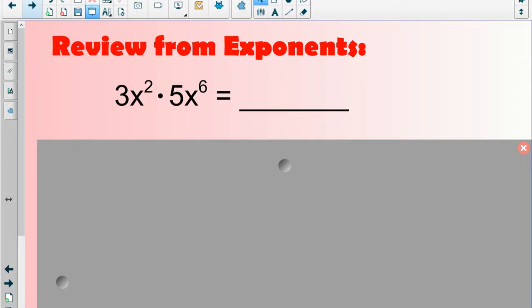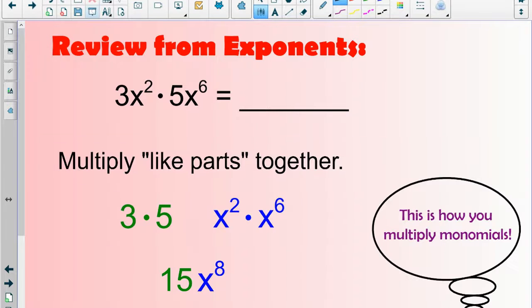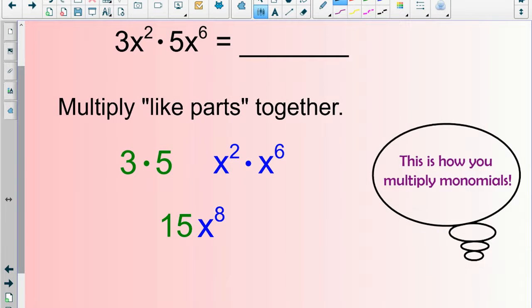So first thing we have to do is review from our exponents unit that when we want to multiply two monomials together like this, 3x squared is a monomial times 5x to the 6th, which is another monomial, it's really just a matter of multiplying like parts. Since it's just multiplication, I regroup the coefficients first. 3 times 5 is 15.